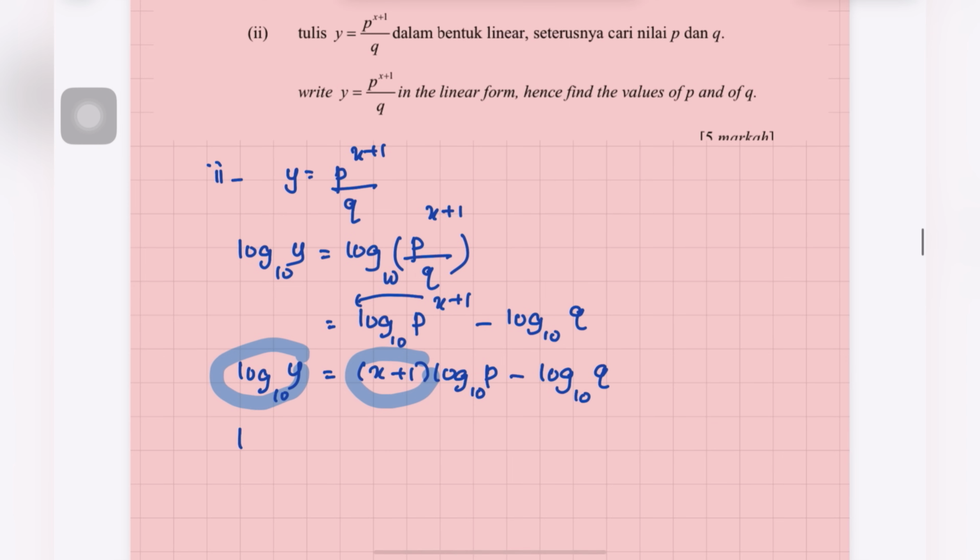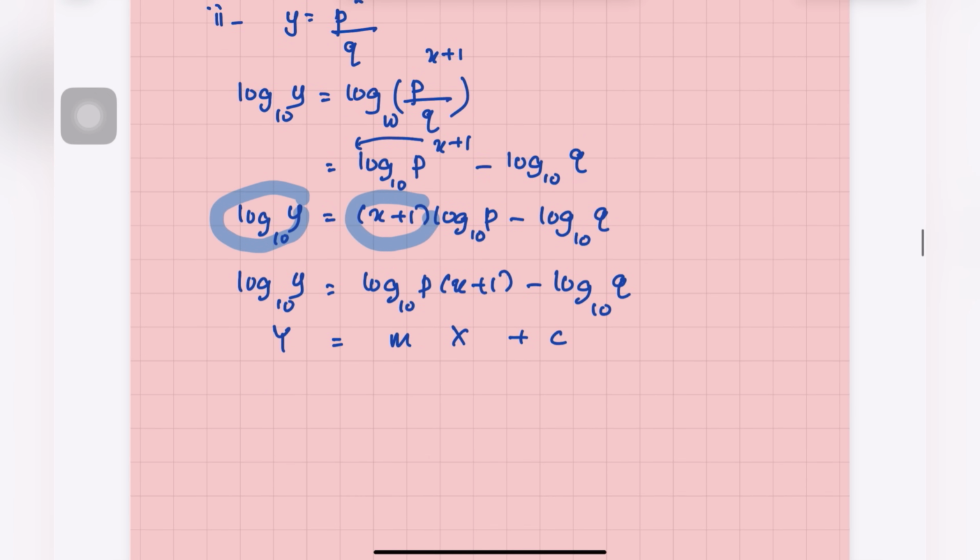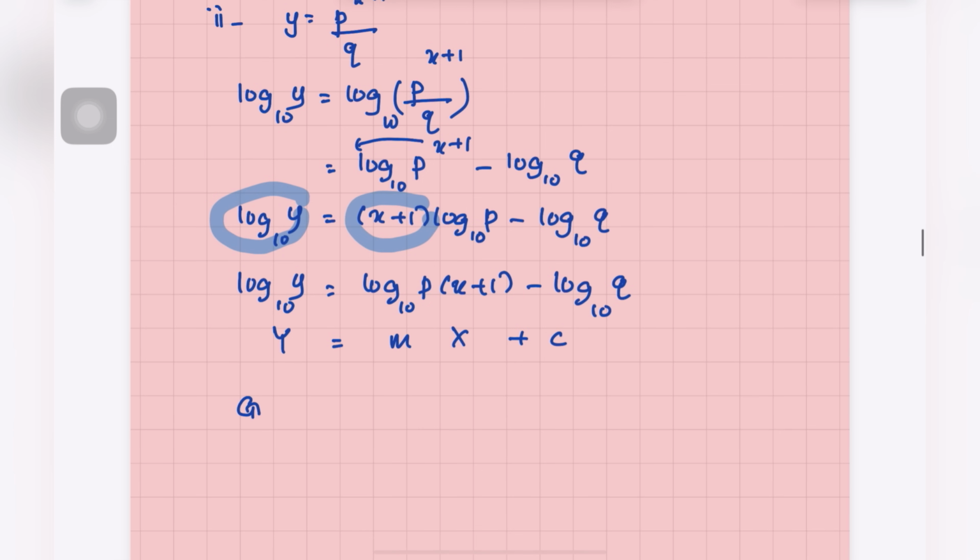So log y base 10 equals log p base 10 times x plus 1, minus log q base 10. So this one is big Y equals m big X plus c. Then we can compare, we can find the gradient. So the gradient is log p base 10.